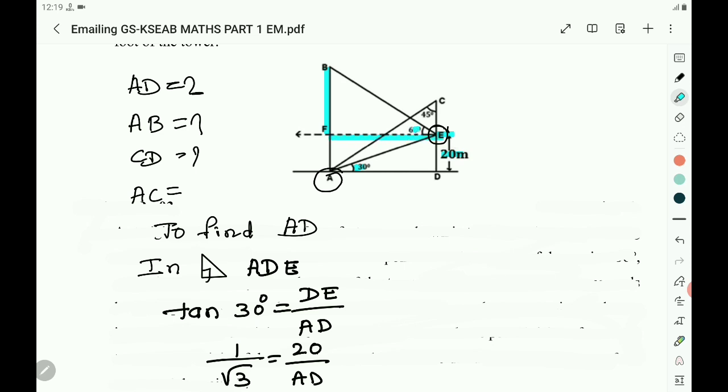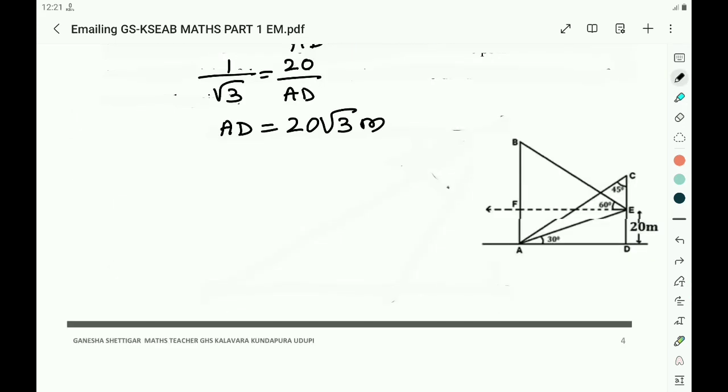Which angle is given? The angle of elevation of the top of the tower from the window is given, that is 60 degree. Then use the right angle triangle BFE. Next you take to find AB.